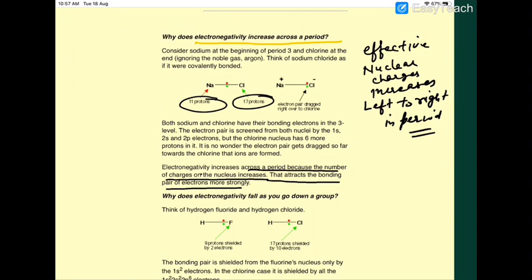Then why does electronegativity fall? The reason is the size. As we move down the group, what happens? Size increases. So the shielding effect of the valence electrons is also not effective enough. In the upper member of the group, the valence electrons are shielded well, but as we move down the group, the valence electrons are not shielded well.